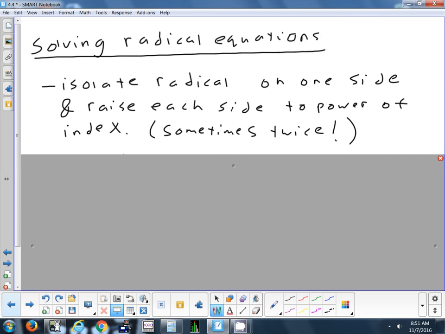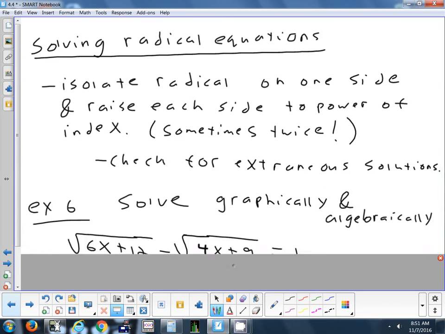And the number of times that you have to do that depends on how many radicals are in the problem. I'm never going to give you a problem with more than 2 radicals. So you might have to square or cube each side up to 2 times. Anything more than that starts to get a little annoying, so we'll stick with up to 2 times.